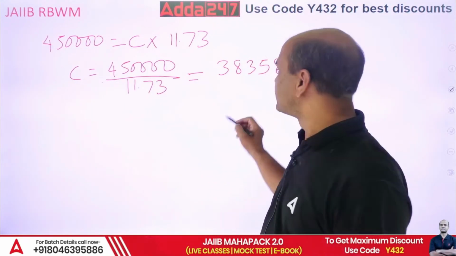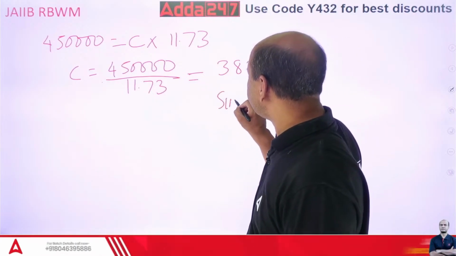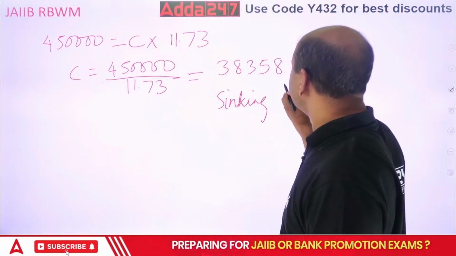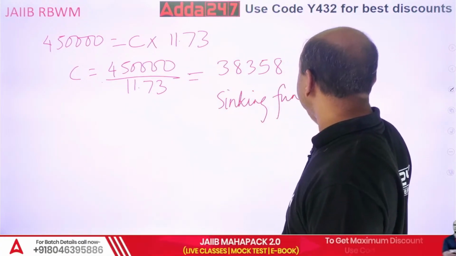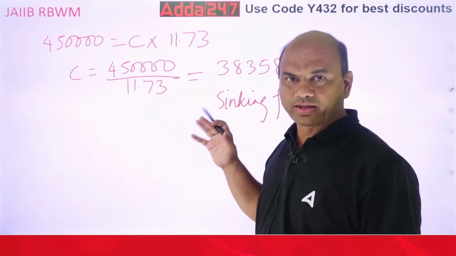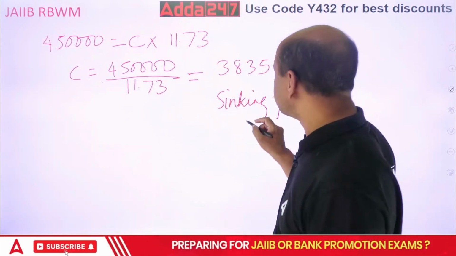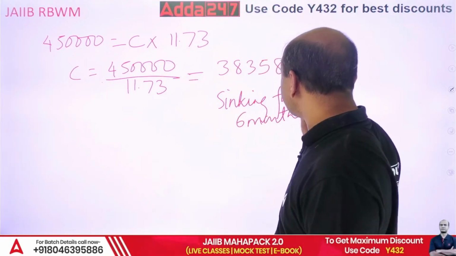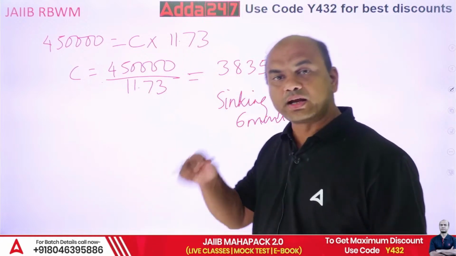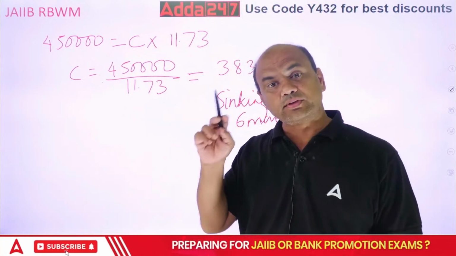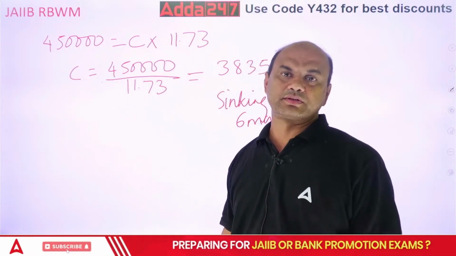This is the amount of sinking fund. I'll have to keep it separate, so that at the end of the period, after 5 years, every 6 months I am keeping this separate. At the end of 5 years, you should have that amount, 4,50,000.